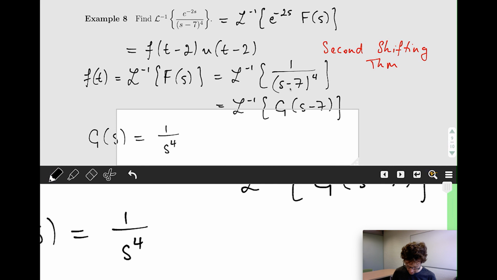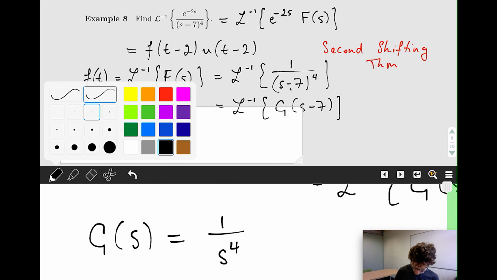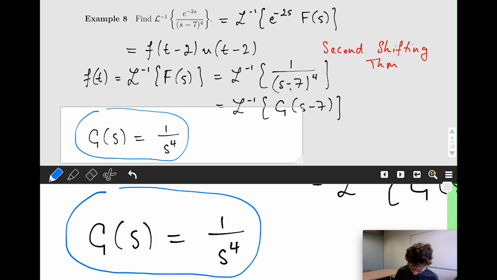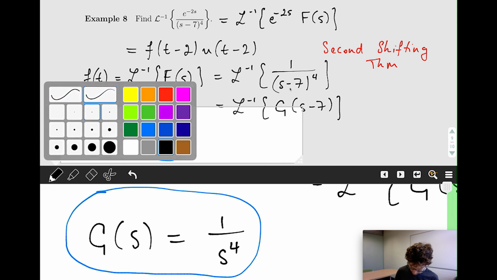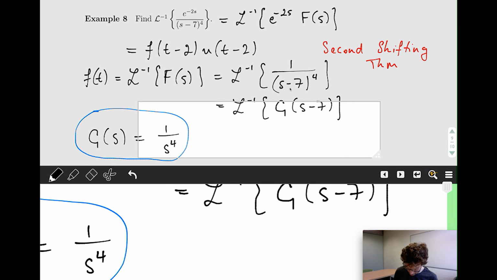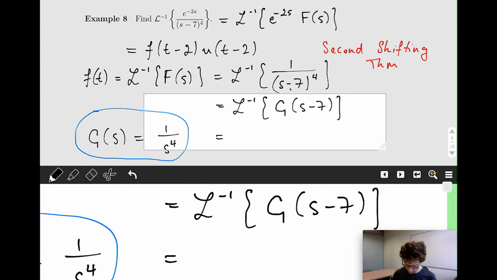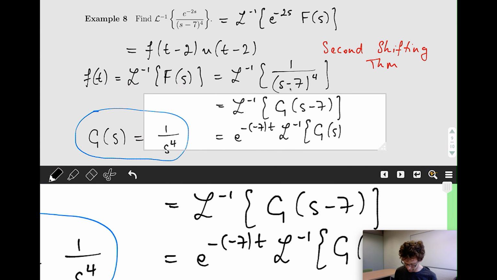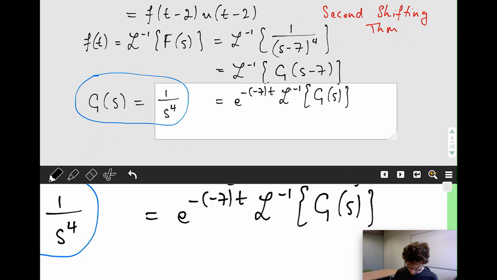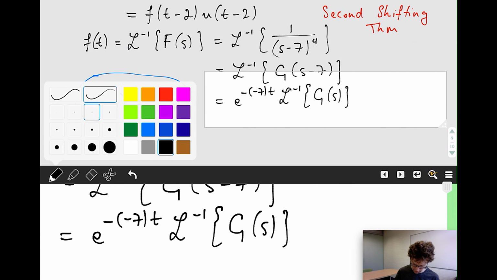So by the first shifting theorem, this thing is going to be equal to e to the minus shift times t, times the inverse Laplace transform of the unshifted function. So that's using the first shifting theorem.